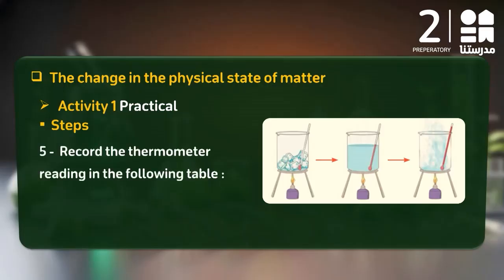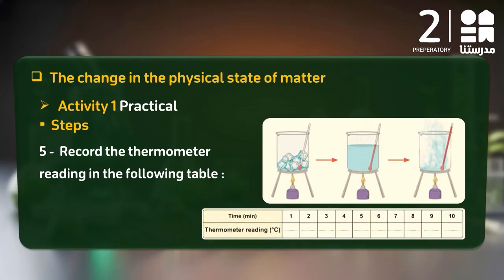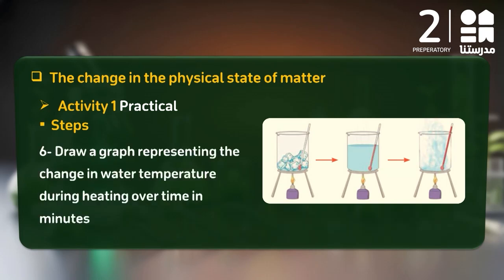Fifth, record the thermometer reading in the following table. We have here a table and a time: thermometer reading in degrees Celsius for minutes. Let's draw the graph representing the change in water temperature during heating over time in minutes.